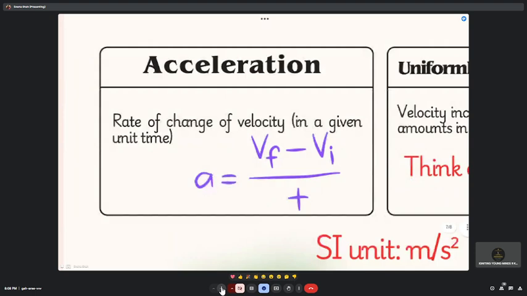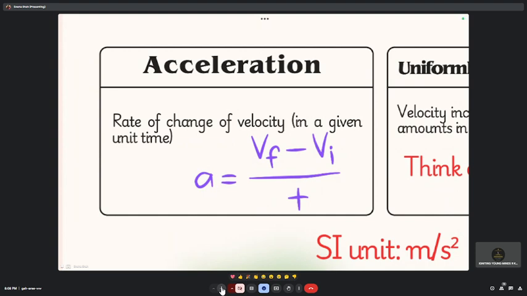Then what is uniformly accelerated motion? What do you understand by uniformly accelerated motion? When the velocity changes equally at equal intervals of time, ma'am. What does that mean? It means that the object is moving at steady speed. No, ma'am.